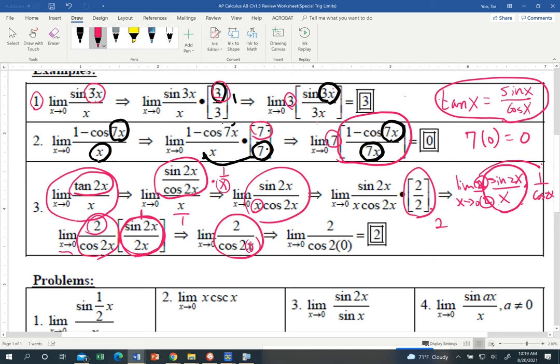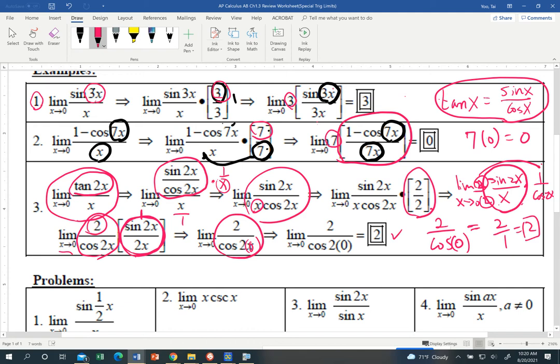So this is 2 over cosine 0. But we just talked about cosine 0. What is cosine 0 according to the unit circle? 1. So this is 2 over 1. So therefore this is 2. And there it is. You can tell that we're using sine 0 today and cosine 0 today. Later we'll be using some other values.